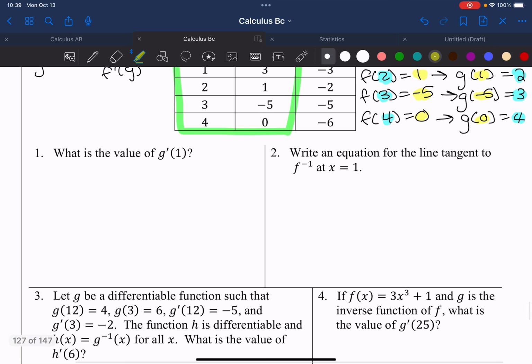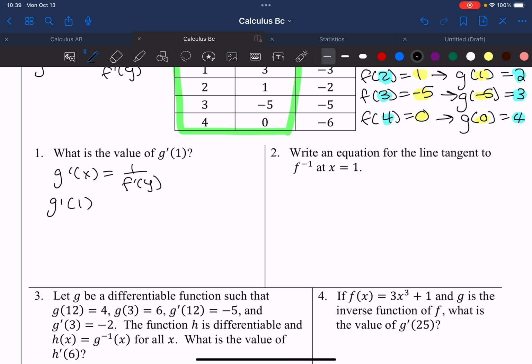For the first example, it says, what is the value of g prime of 1? Well, we know that g prime of x is equal to 1 over f prime of y. So g prime of 1 is going to be equal to 1 over f prime of 2.